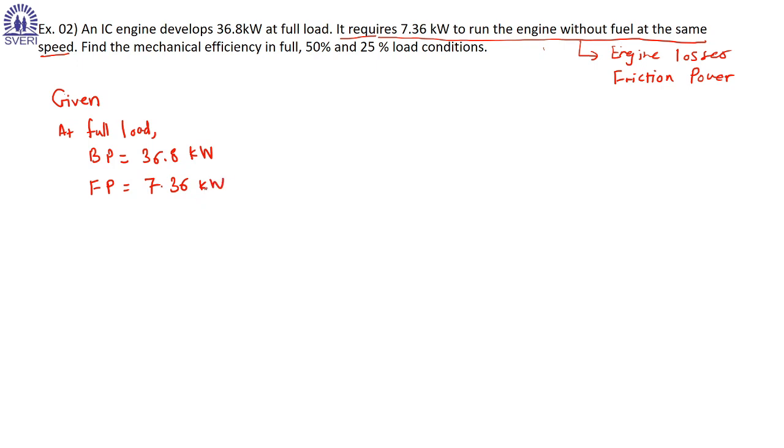Now what is asked is there are three conditions. First is full load conditions, then 50% load is applied, and the third one is only 25% load is applied. In all these three conditions, we have to find out the mechanical efficiency. So we'll take the first case, A, that is the full load condition.